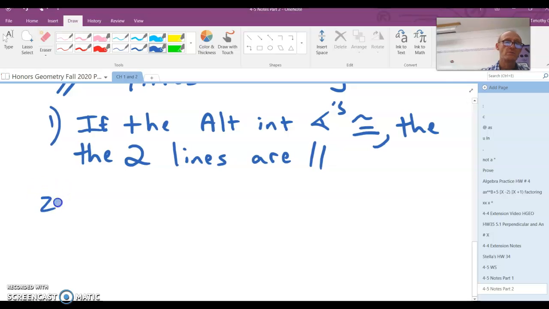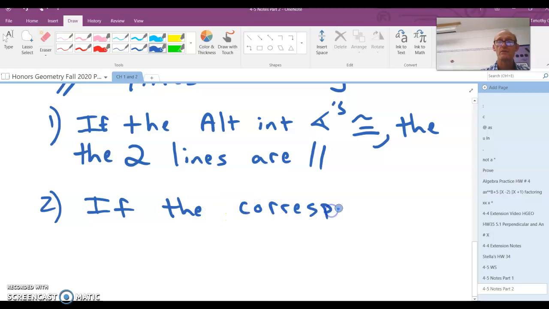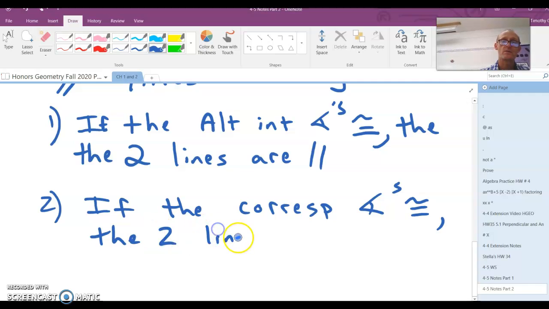Number 2: if the corresponding angles are congruent, the 2 lines are parallel.